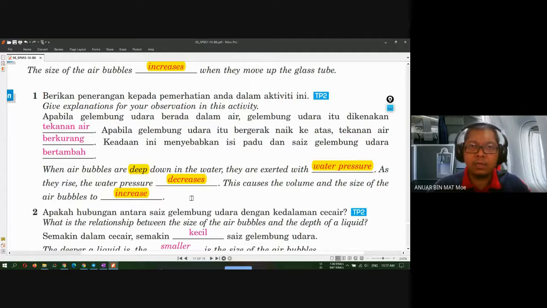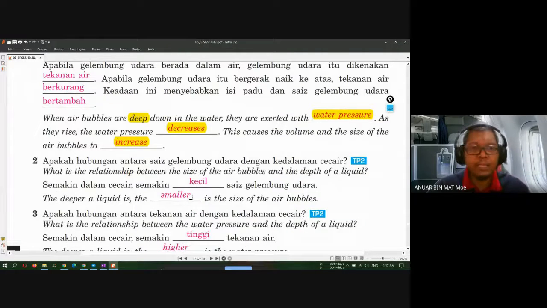Inside the water, the pressure is higher, so the bubble is smaller. When the air bubbles go up, the water pressure decreases, and the size of the bubble increases because there is less pressure exerted on the air bubble. The depth is less, so the water pressure is also less, and then the bubble becomes bigger.